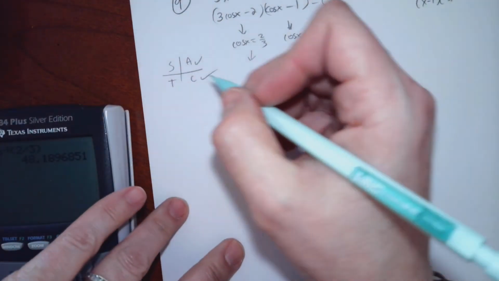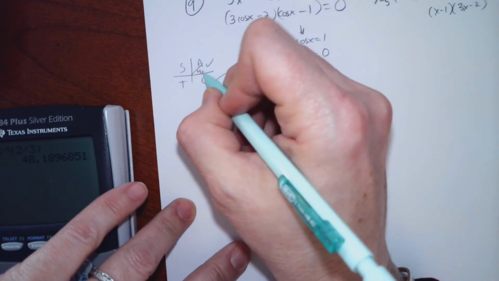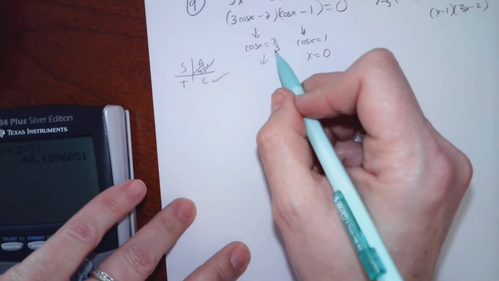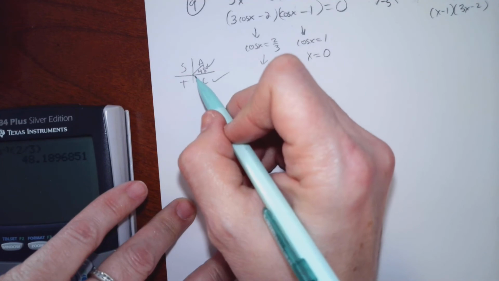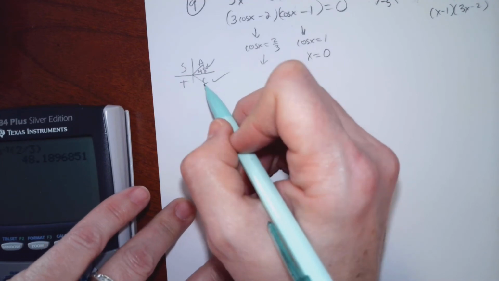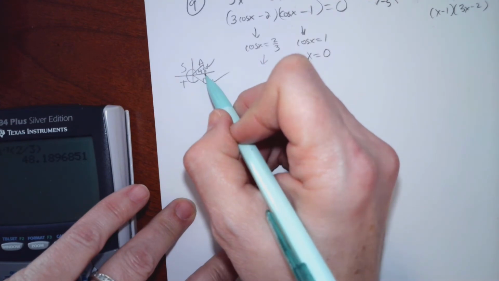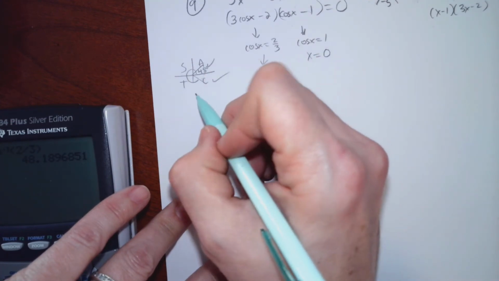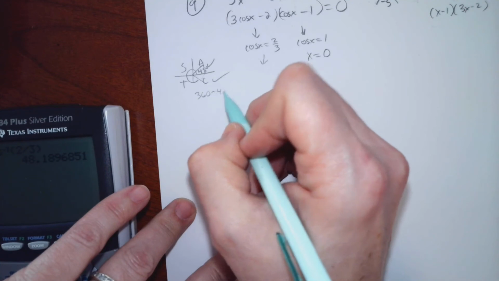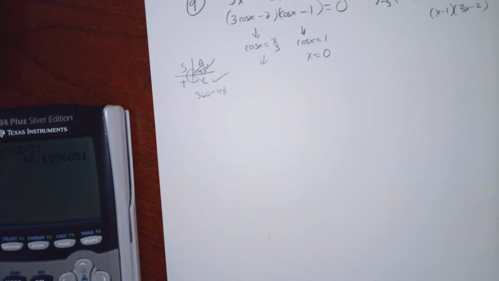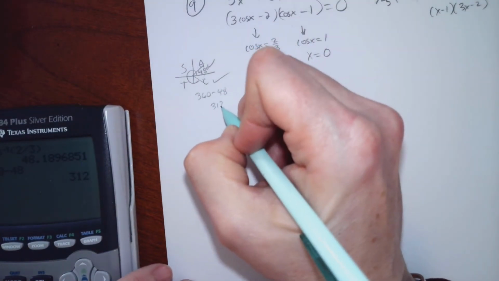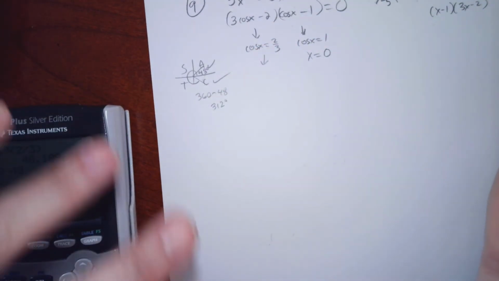So what we found is that there's a 48-degree angle right here where this is true, and then I also need a 48-degree angle down here. Well, 48 degrees down there is basically 360 minus 48, because it's everything but 48. So 360 minus 48, so like 312.